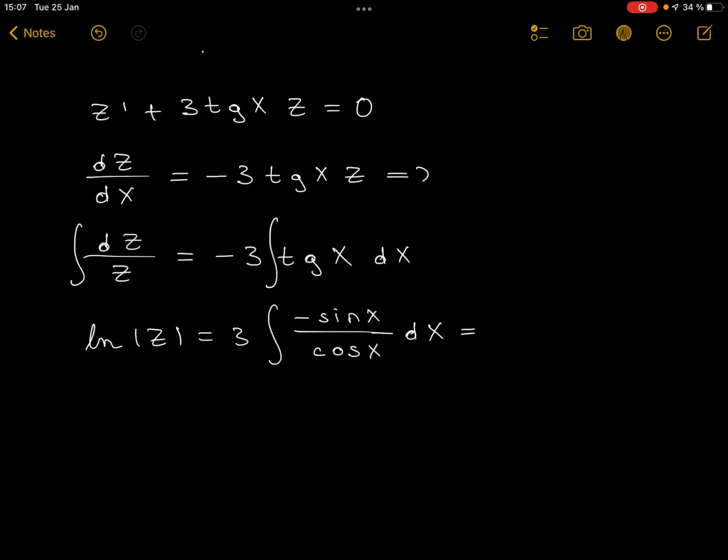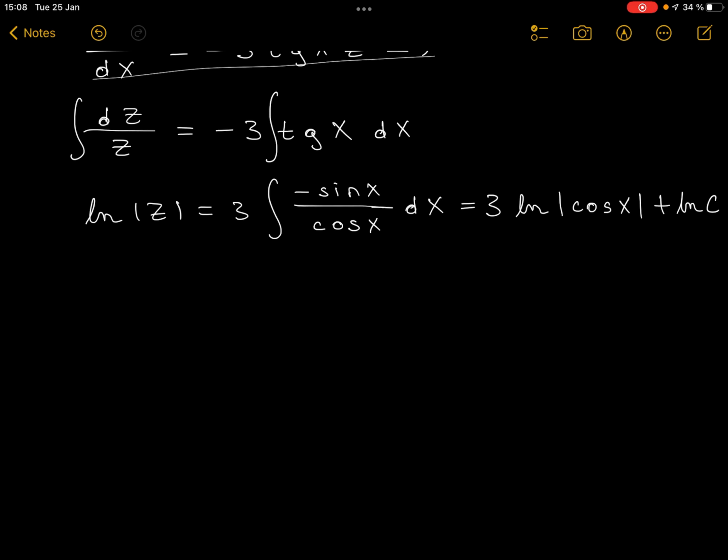And this is simply going to be, since the numerator is the derivative of the denominator, we can use the ln rule. This is simply going to be 3 times ln of cosine x, and I'll just add in ln c.